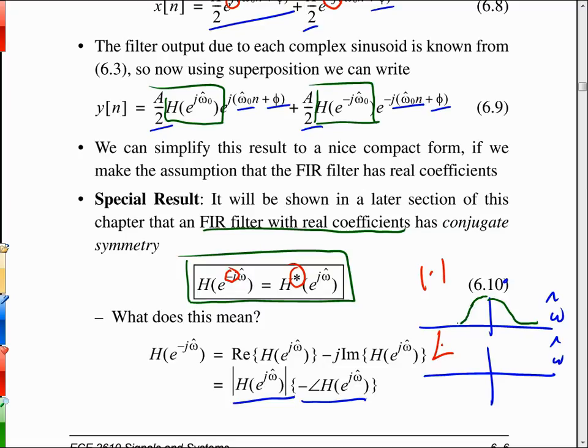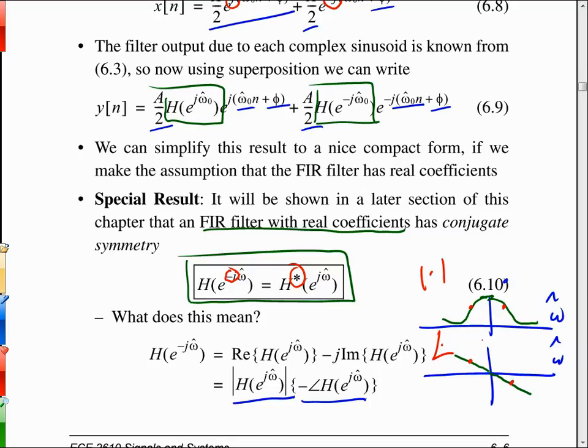It's going to be symmetrical, although I didn't quite draw it perfectly. It should fold right about this location. So whatever we see on the positive frequency side is the same on the negative. The phase, on the other hand, if it was doing something like this on the positive frequency side, should fold but then flip, or mirror, so it's going to be like that. So those two points are the same, and this point is equal and opposite to the point on the negative side.